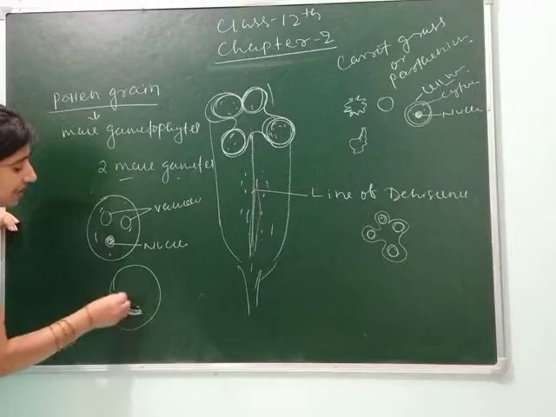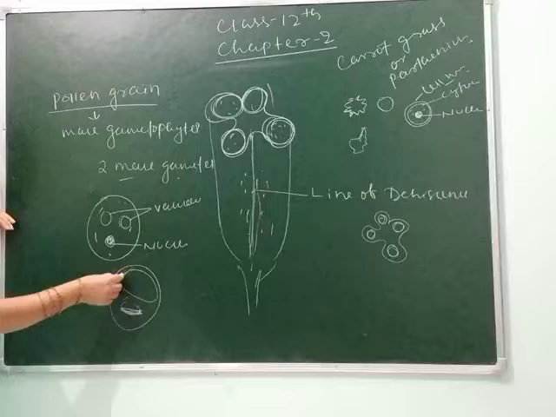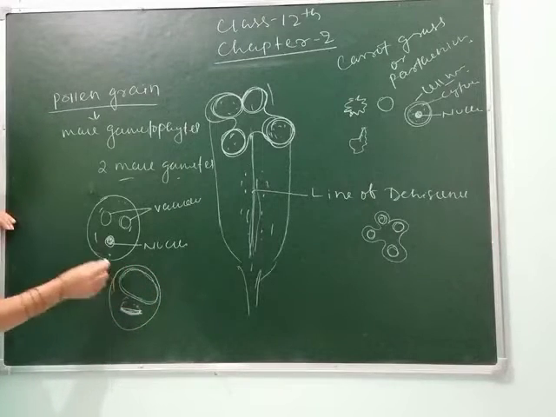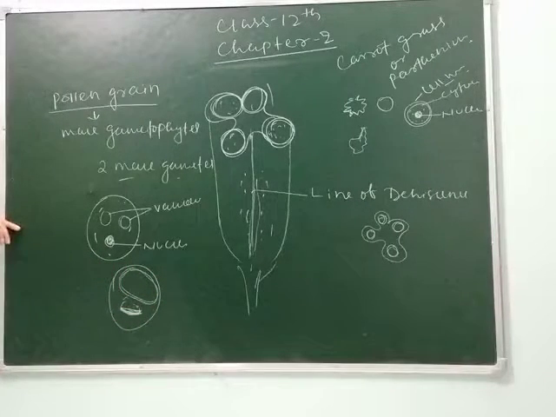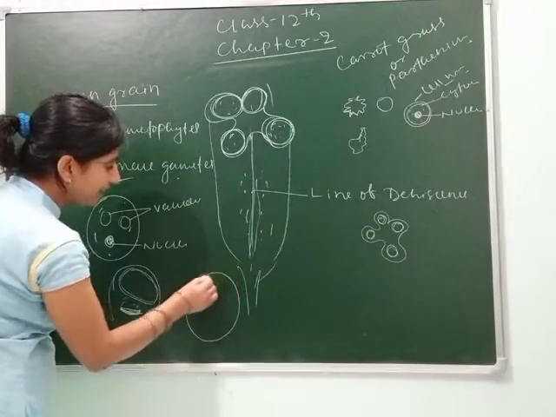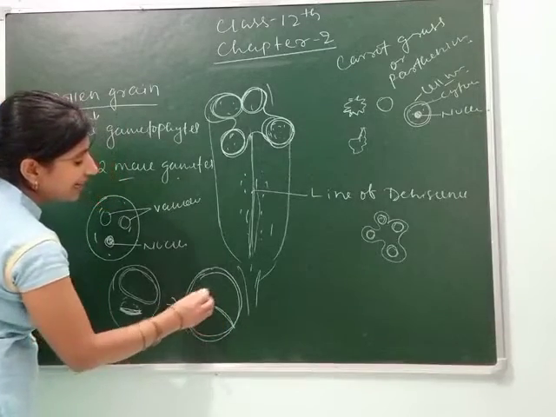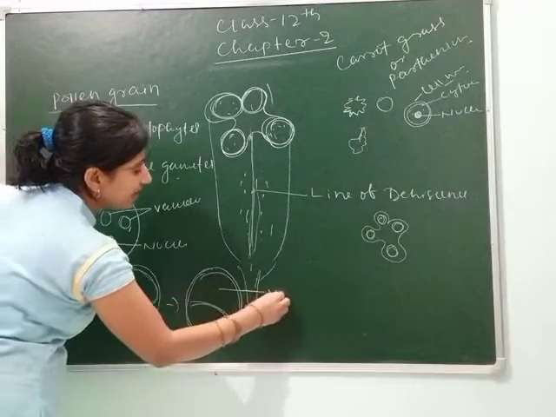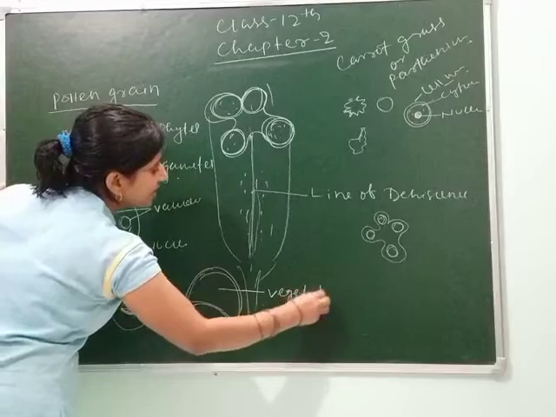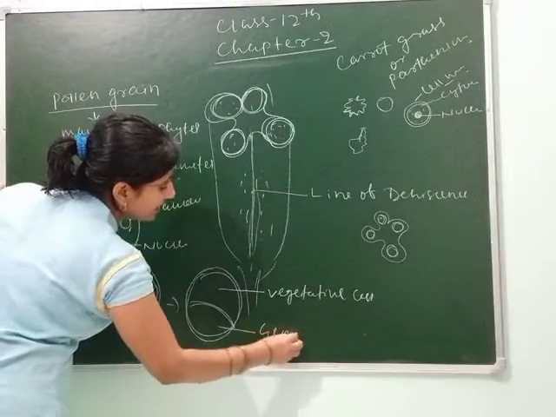This is called spindle shape, and the vacuole increases in size and appears large. In the next step, it matures and has two cells: one is the generative cell and another is the vegetative cell. This one is called the vegetative cell and this one is called the generative cell.